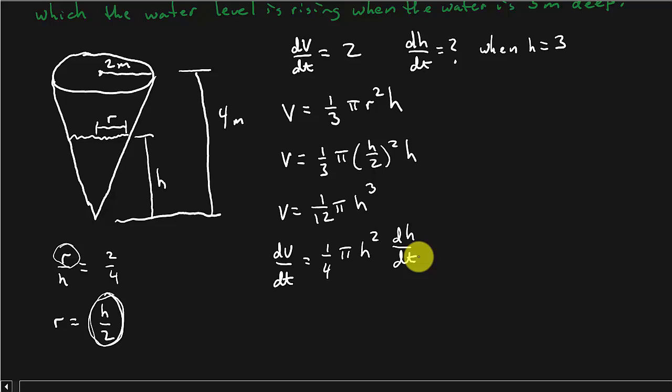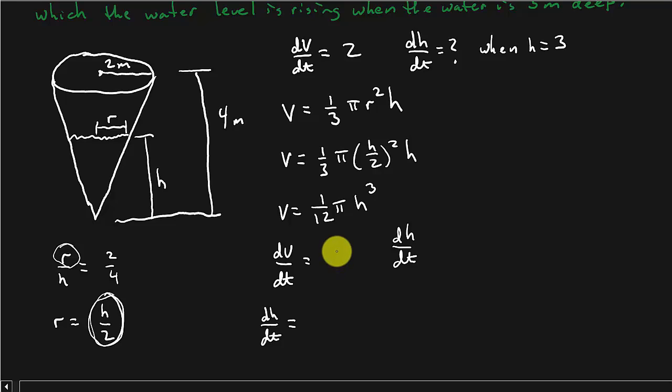Now what am I looking for? Well, I'm wanting to solve for dh/dt, right? So I'm going to get dh/dt is equal to, now, I mean, I wrote it like this, but let me do this. It'll be easier for you to see.